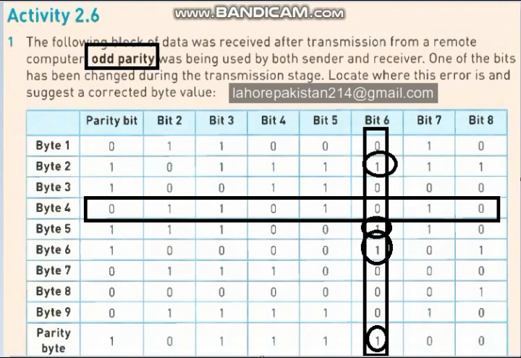To find out the point of error in any location, we see the bit at the intersection. The bit at the intersection is 0. So you can say that there was an error in the 4th byte and 6th bit, and the 0 at their intersection should be replaced with a 1.